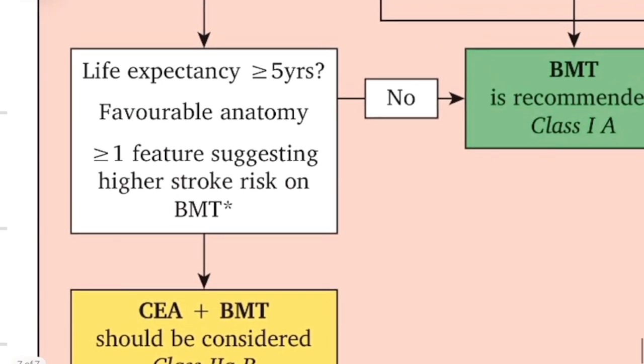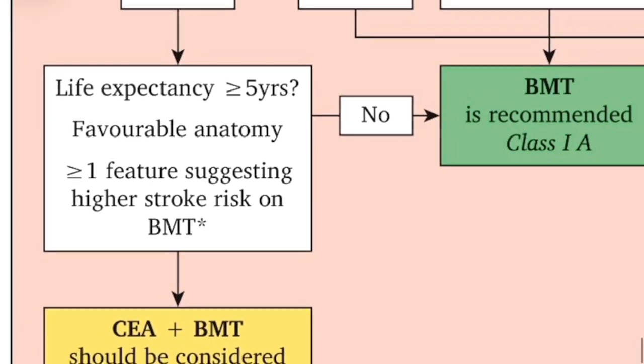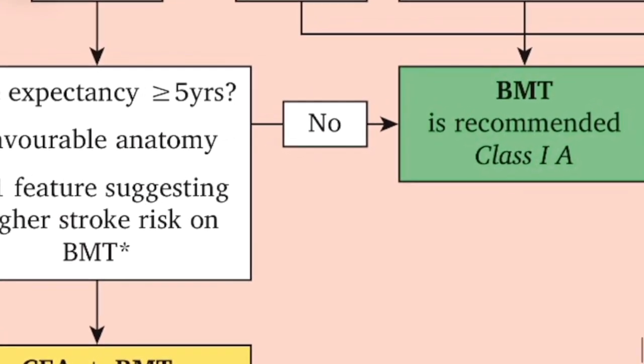Suppose if the life expectancy is very short, there is no favorable anatomy, and there are no additional risk factors for stroke, then you can just suggest them to undergo best medical therapy.